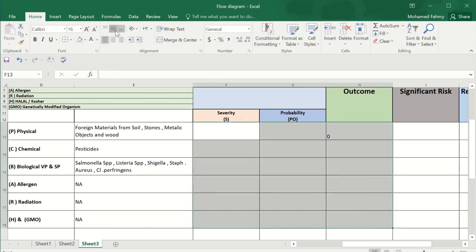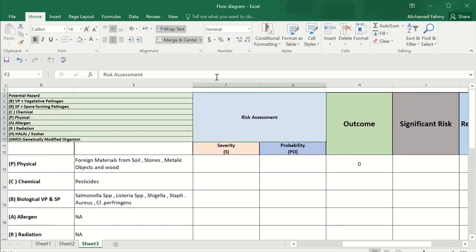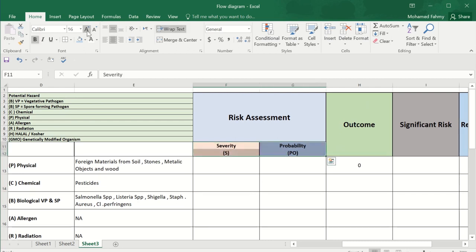Who will write this? The HACCP team. The HACCP team must have a meeting to ensure the severity multiplied by the probability, because it's not scientific based. We will not just say the severity is 3, is 4. According to each industry it varies, and according to each country it varies also.